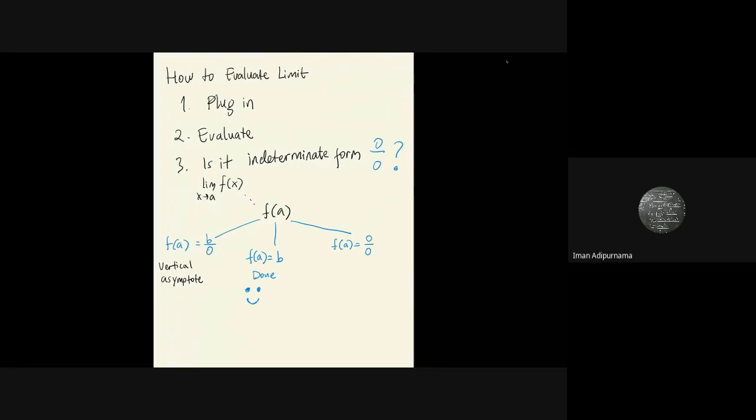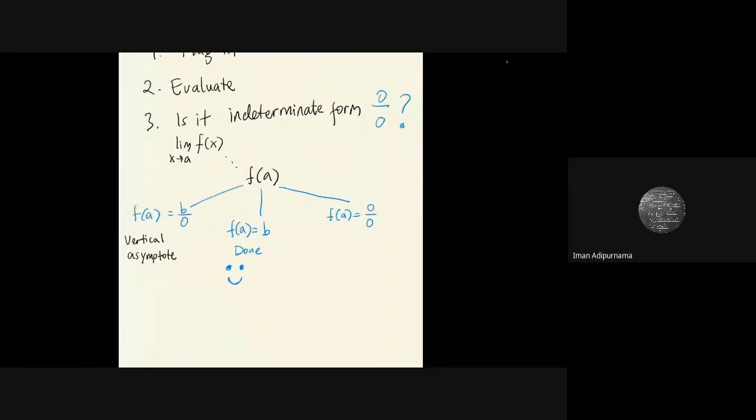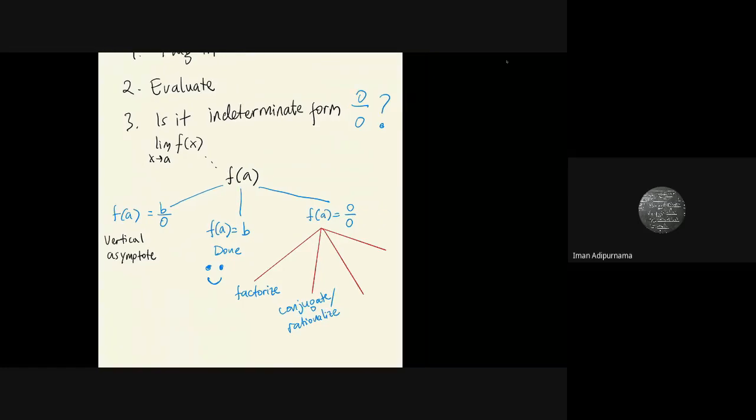So when you find a 0 over 0, there are several ways to solve. At least 4, 5. I will write 4 first. First is factorize. Second is conjugate or rationalize. Maybe you don't know the term, but actually you already know it from high school.